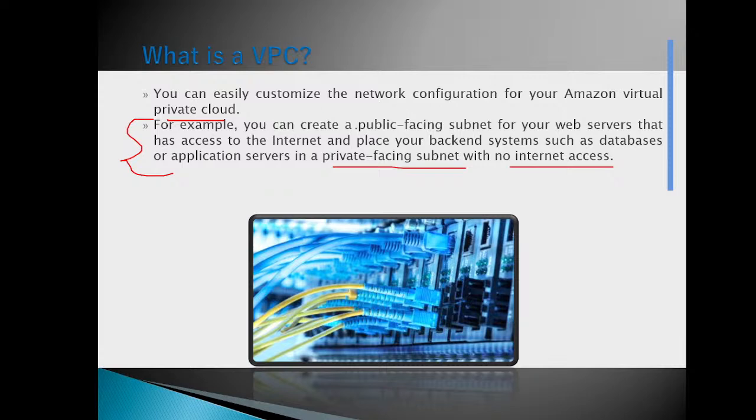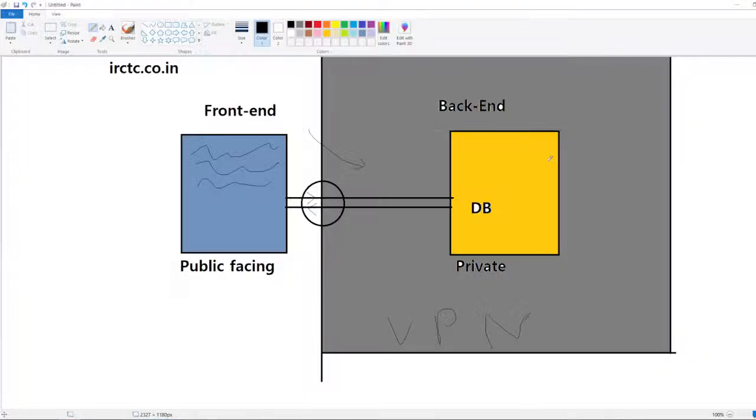So this is the concept of public facing and private facing. In the private facing, there will be no internet. Generally, I will not provide any type of internet to this database, or I will provide limited access. Always remember, all the databases or applications which are sensitive will not be given internet to that server or application. Why?